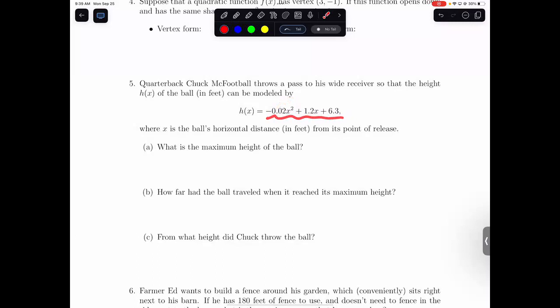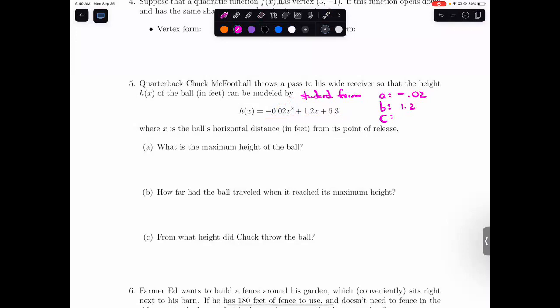It's in standard form. What are A, B, and C? Yep.